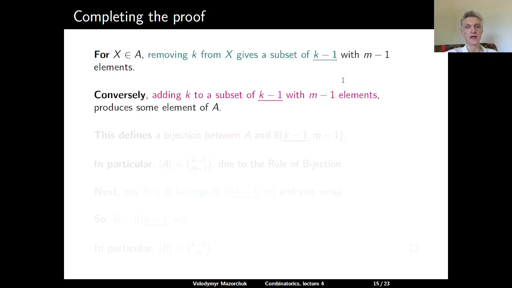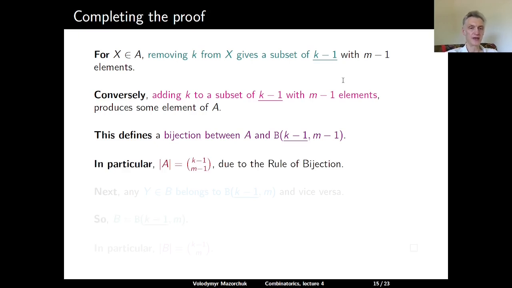And conversely, if we have a subset from B_{k-1}^{m-1}, we add k to it and we produce an element in A. And this gives us a bijection between A and B_{k-1}^{m-1}. So in particular, the cardinality of A equals k minus 1 choose m minus 1 due to the rule of bijection.